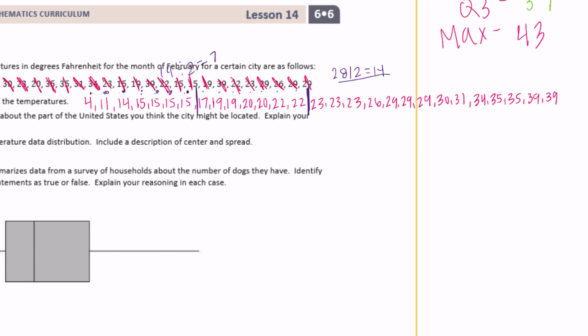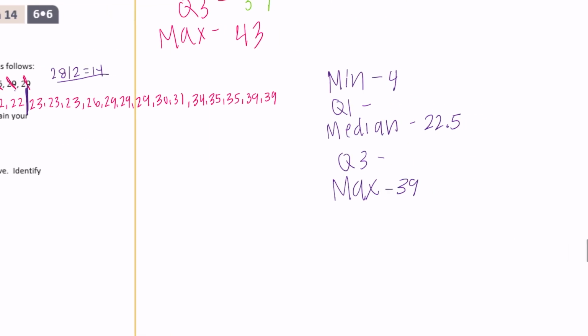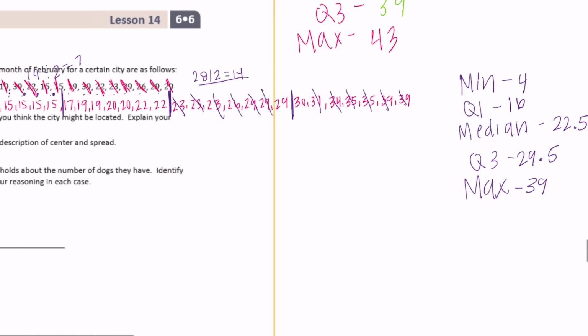In between 15 and 17 would be 16. So let's just do the cross out method over here. 3, 1, 2, 3, 1, 2, 1, 2. So in between 29 and 30 would be 29 and a half. So either method works.